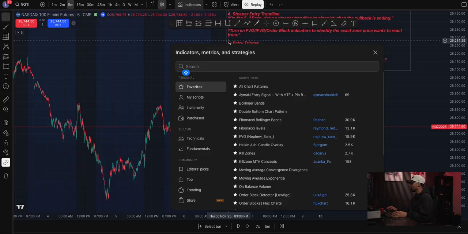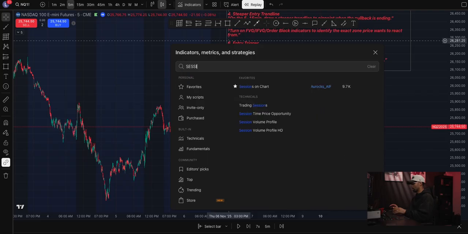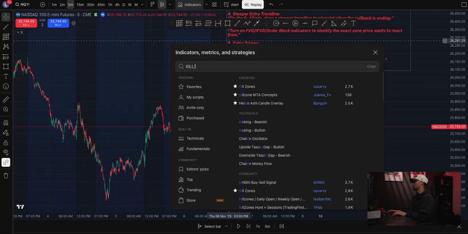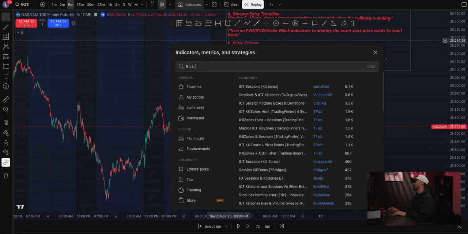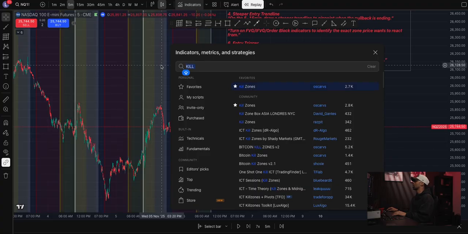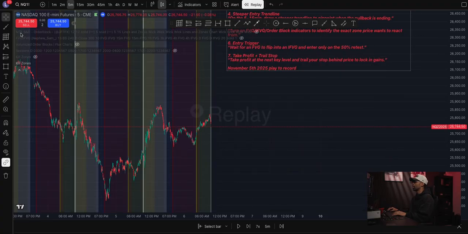There are two indicators that you want to use. The first one is called Kill Zones. When you click on Kill Zones, this is what will pop up. I already have it on here, but I'll delete it so I can show you what happens.